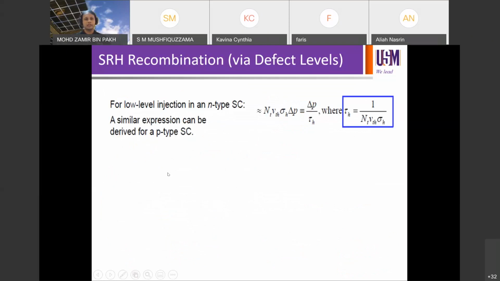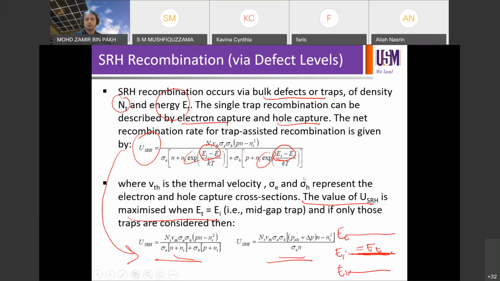So for low-level injection in N-type semiconductor, you can also do for P-type, but for N-type, this becomes NT times VTH. VTH is the thermal velocity times hole capture. This one is the hole capture. Sigma E, sigma H represent the electron and hole capture cross section.